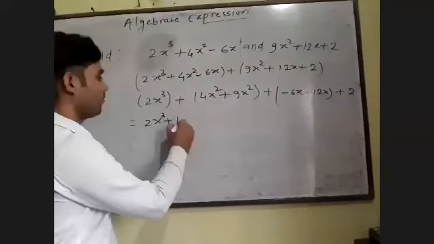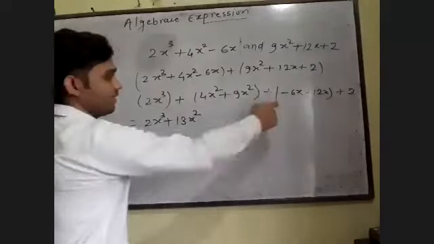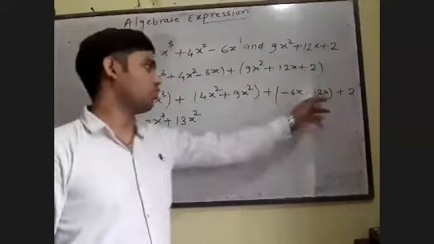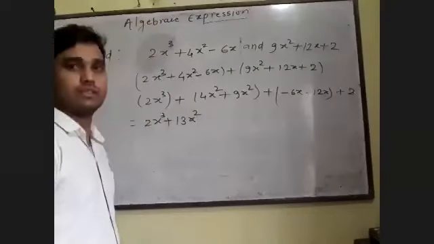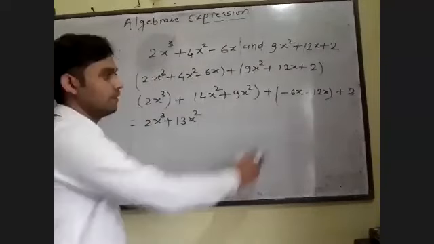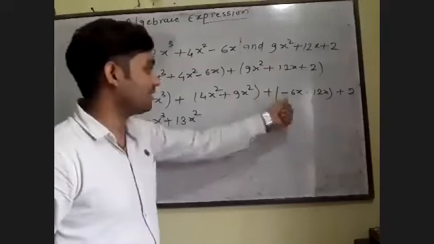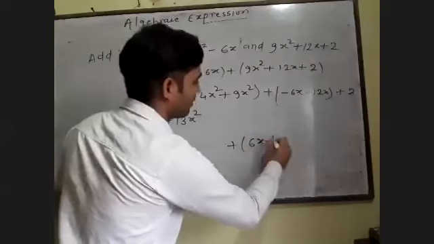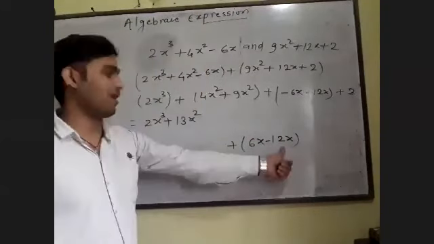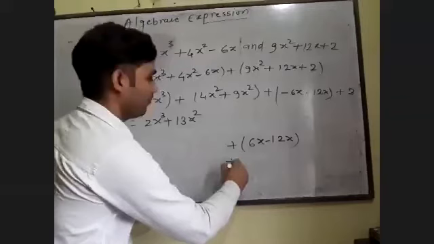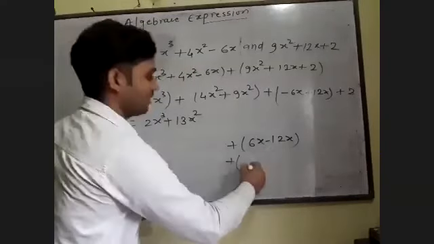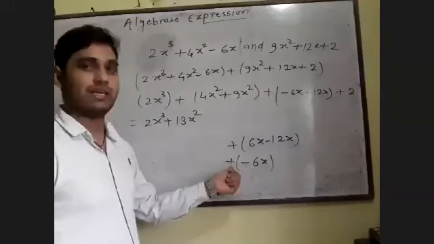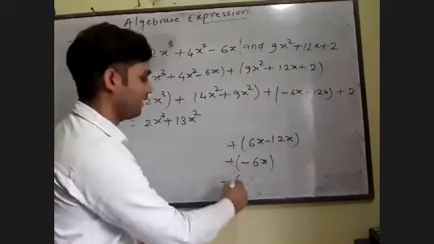Now see, minus 6x plus 12x becomes plus 6x. Sometimes we have to see: if it is plus 6x minus 12x, it becomes minus 6x, because the sign is that of the greater number.